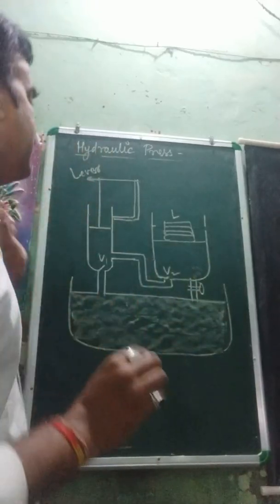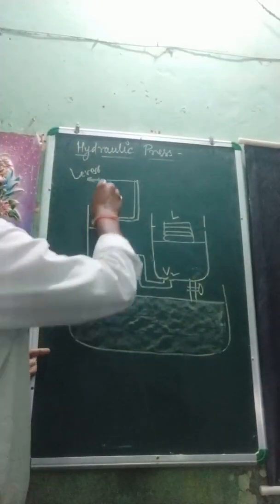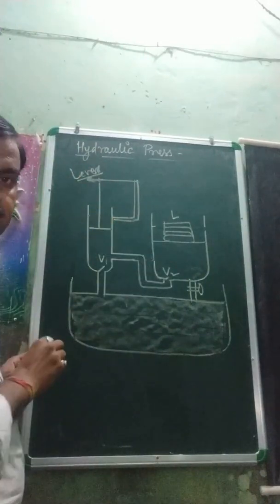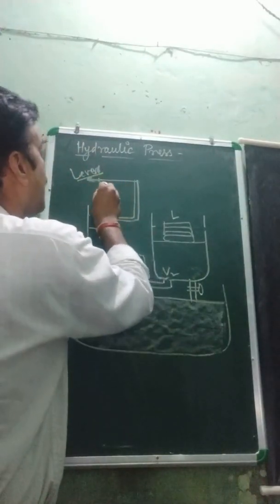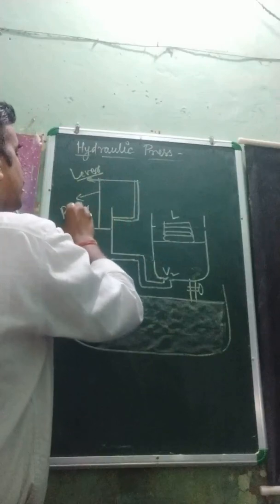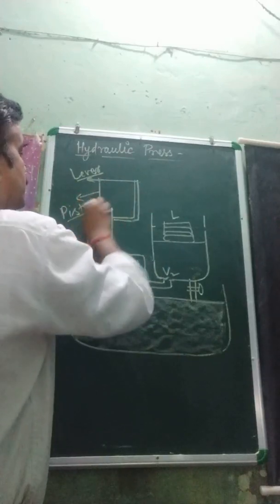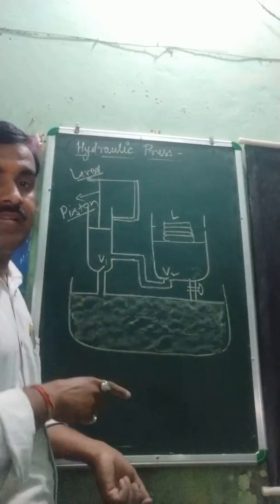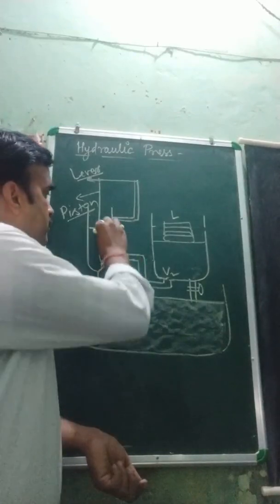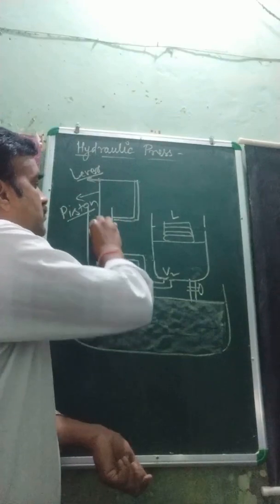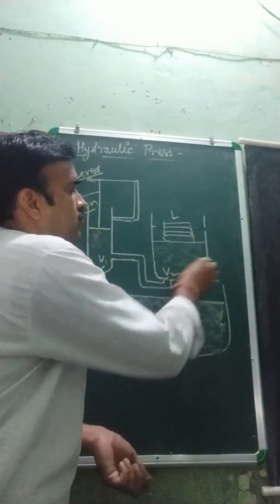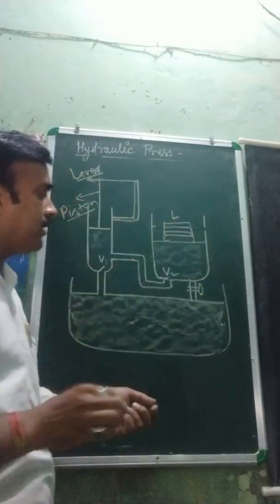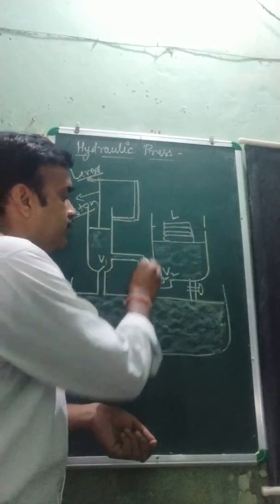Okay, now see it, on this side the lever is attached. Okay, and here is the piston also, piston as well as lever also. Try to understand from the diagram. Just see it.